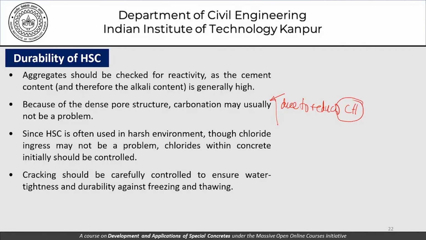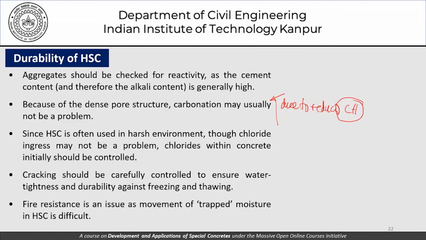Cracking should be controlled very carefully to ensure water tightness and durability against freezing and thawing. We've already talked about this, and we know that cracking could be an issue because of the shrinkage and other issues which are coming out of the high cement content.